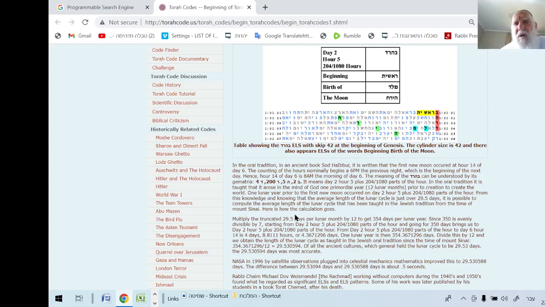From this knowledge, and knowing that the average length of the lunar cycle is just over 29.5 days, it is possible to compute the average length of the lunar cycle that has been taught in the Jewish tradition from the time of Mount Sinai. Here is how the calculation goes.